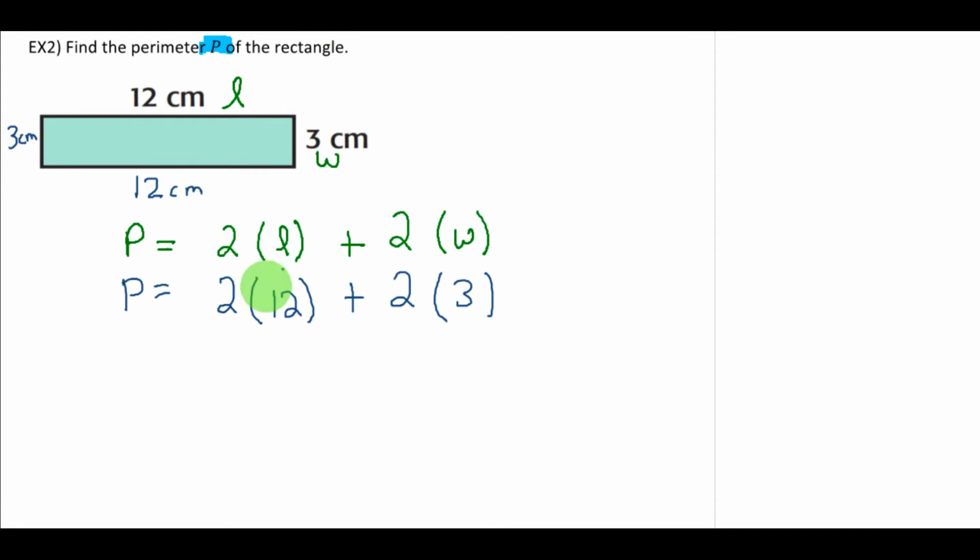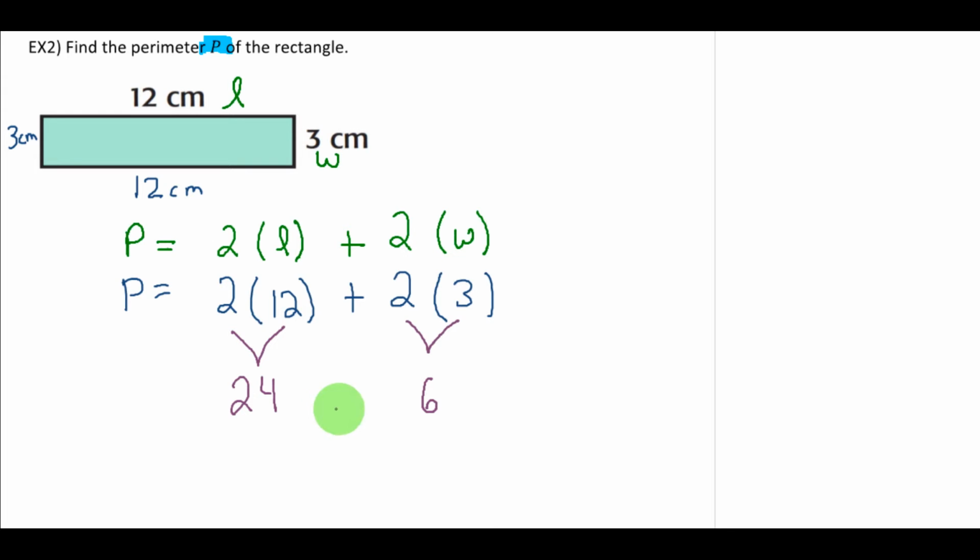So let's take a new pen, and we're going to multiply 2 times 12 and also multiply 2 times 3. Well, 2 times 12 gives a value of 24, and 2 times 3 gives a value of 6. Now remember, perimeter is the sum of all side lengths. Well, 24 is only the sum of 2 side lengths. 6 is only the sum of 2 other side lengths.